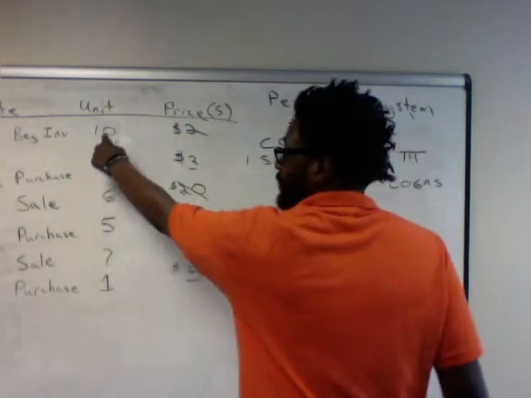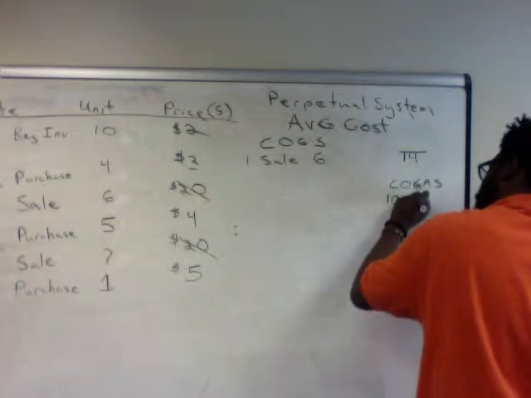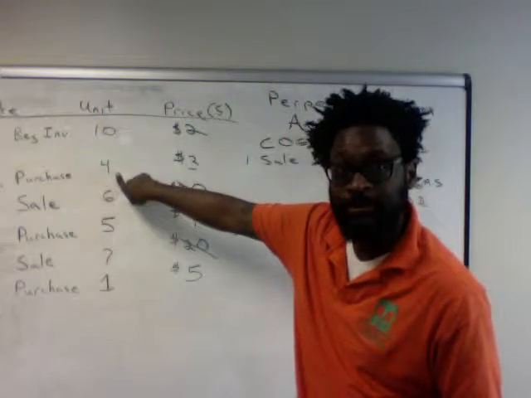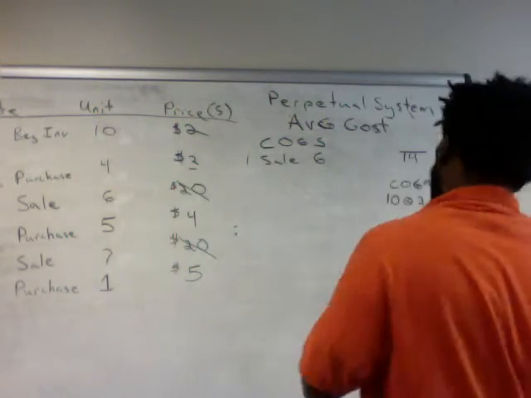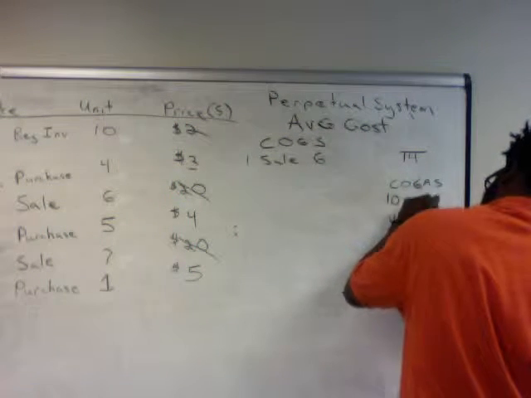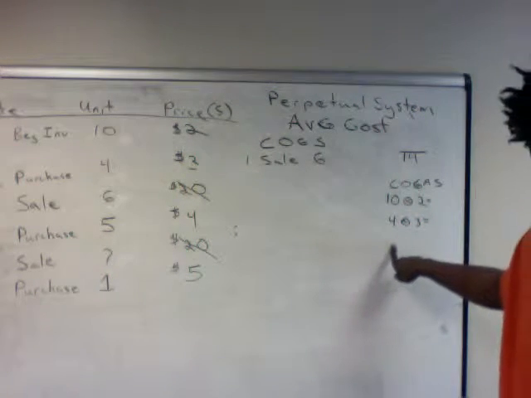We have 14 units, 10 at 2. And we also have 4 units, 4 at 3. That makes up our 14 units.